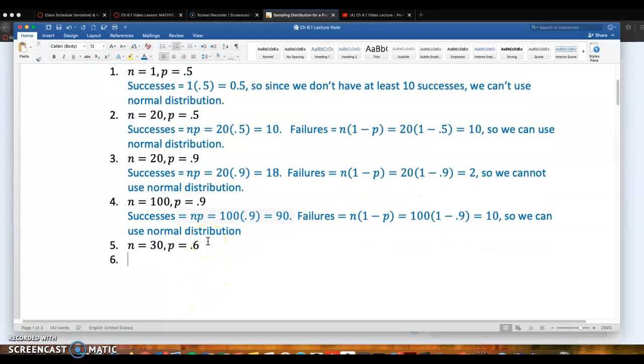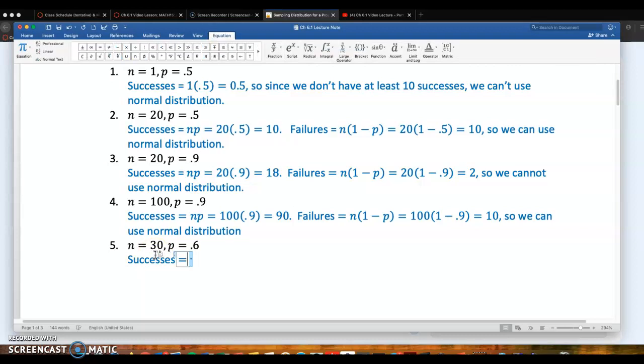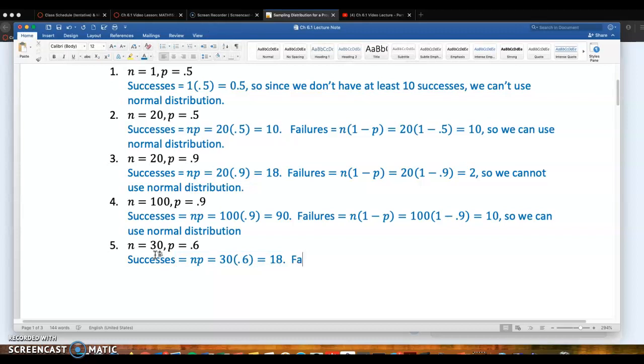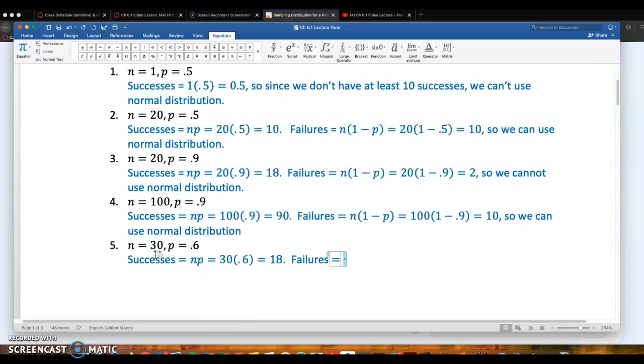And lastly, if we take a sample size of 30 and a population proportion of 0.6, successes is n times p, that's 30 times 0.6, which is 18. So we have plenty of successes, and we make sure we have at least 10 failures, n times 1 minus p, which is 30 times 0.4, and that gives us 12.